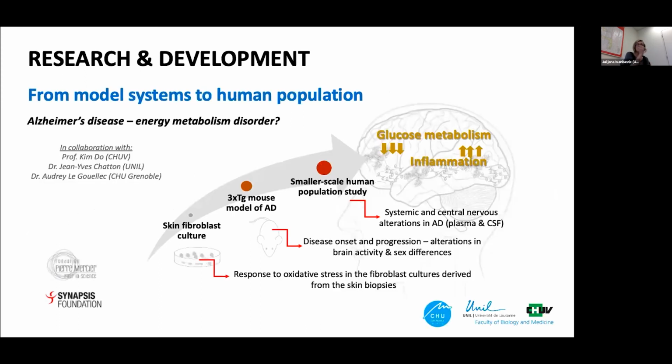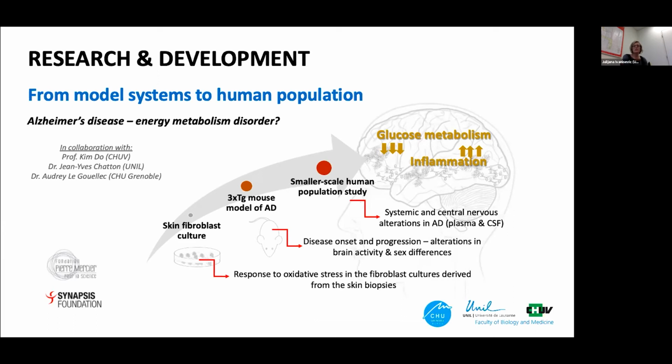And then finally, we are also involved in several projects that are really embedded in a specific context. We are really exploring and looking to characterize the Alzheimer's disease as an energy metabolism disorder.